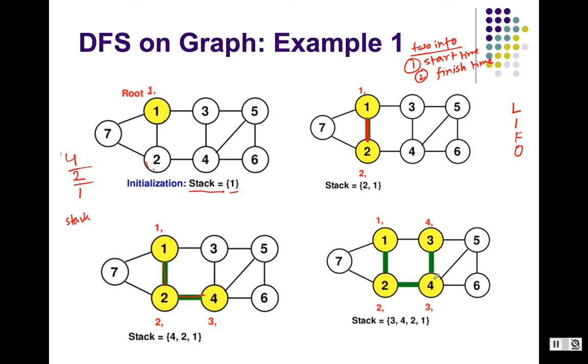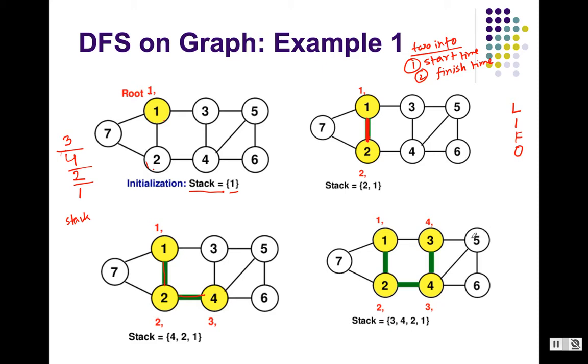So after 1, 2, 4 and 3, we push node 3 here. From 3 we can go to 1, 4 and 5. Now 1 and 4 are already visited, so we are not going to visit them twice. So from 3 we can go only to node 5.